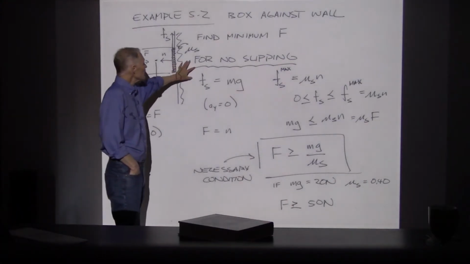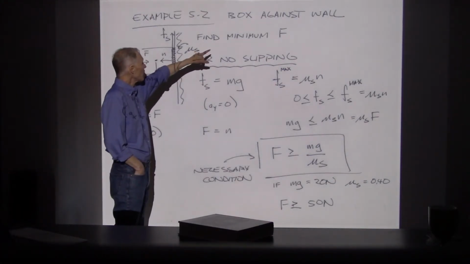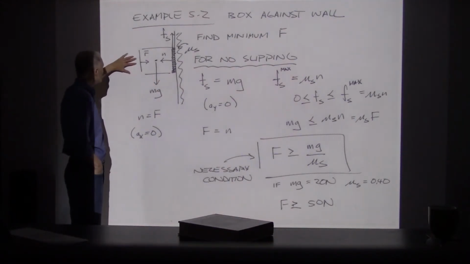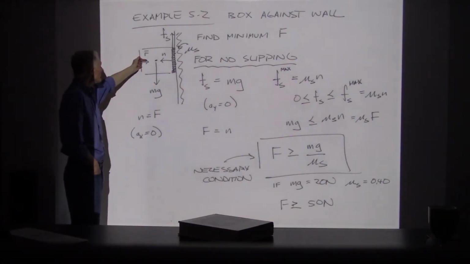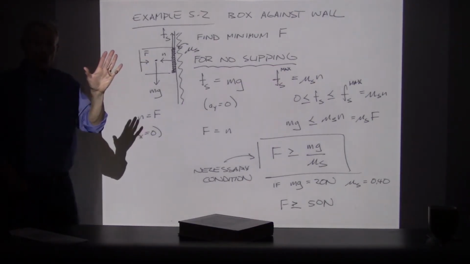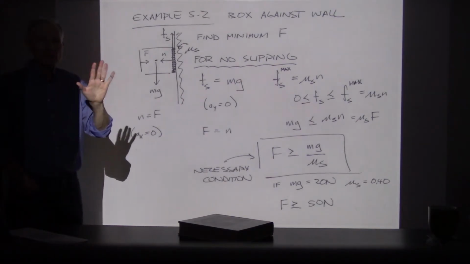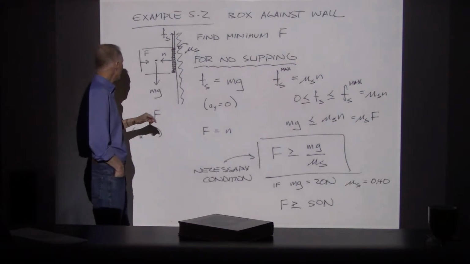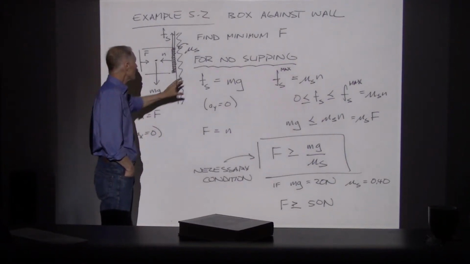Now, there's no slipping taking place. What they're saying is find the minimum value of F. How much force do I have to push with in this direction to make sure that it stays on the wall with no slipping taking place? And so let's look in the vertical direction.